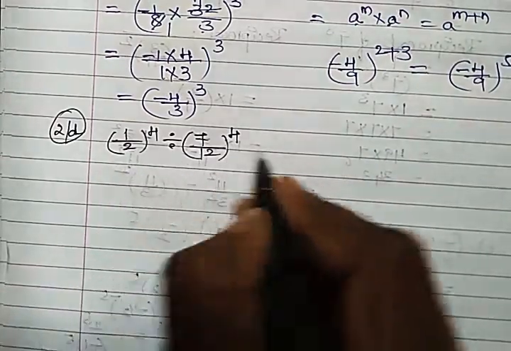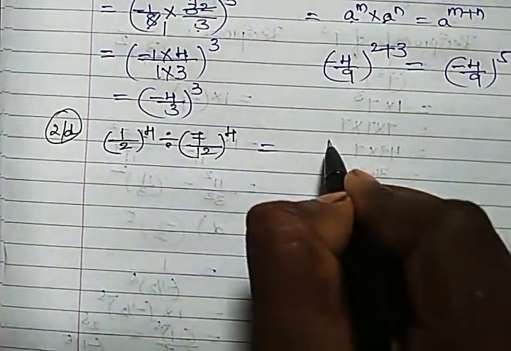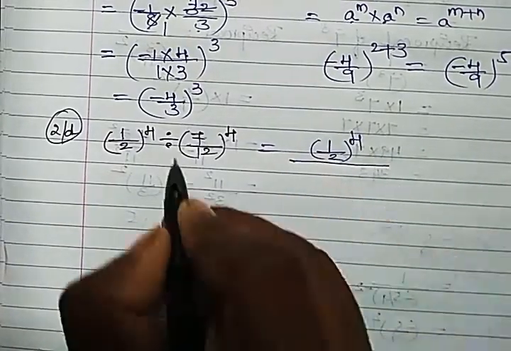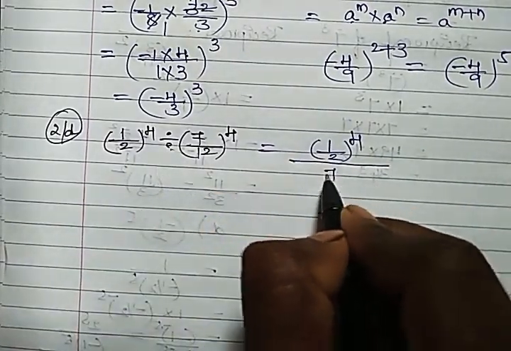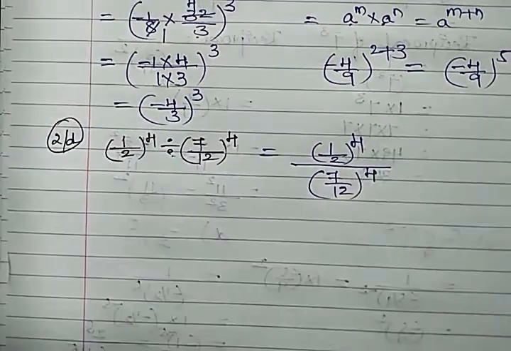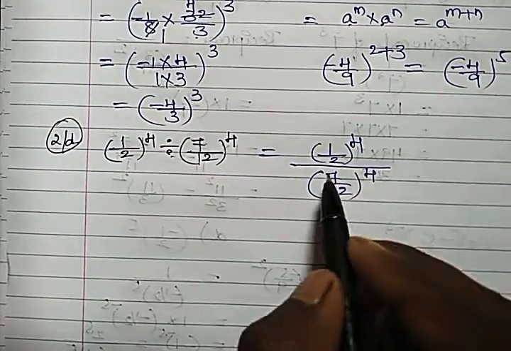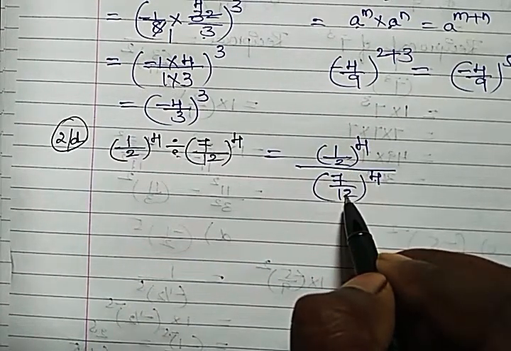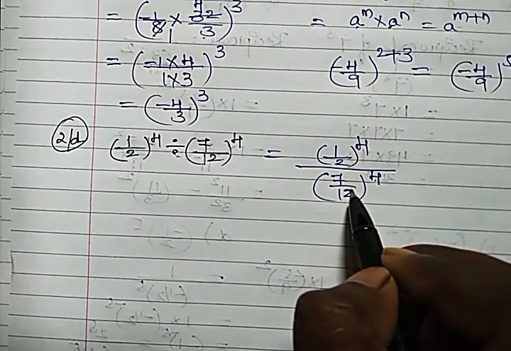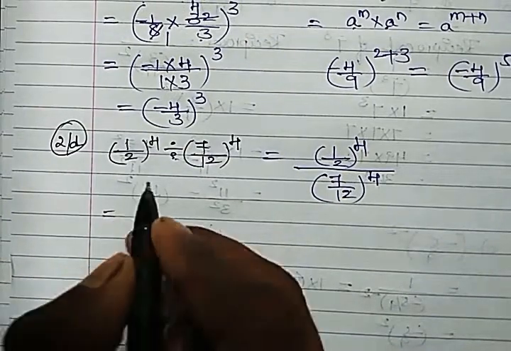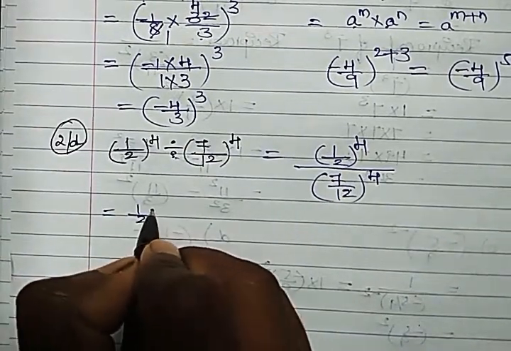We can write it in this way: 1 by 2 whole power 4 divided by 7 by 12 whole power 4. Here they are in the same powers but they are in division. Otherwise, we can convert this division symbol into multiplication by taking 1 by 2 whole power 4.